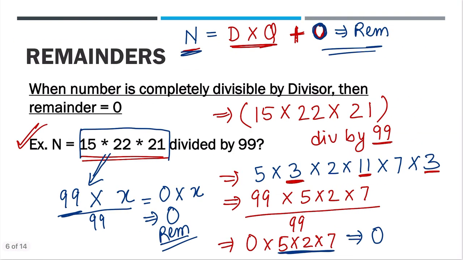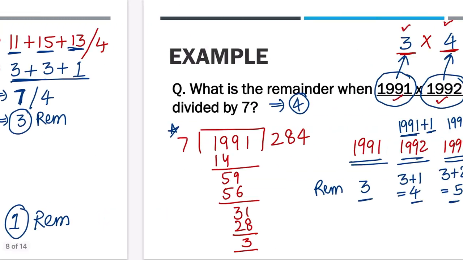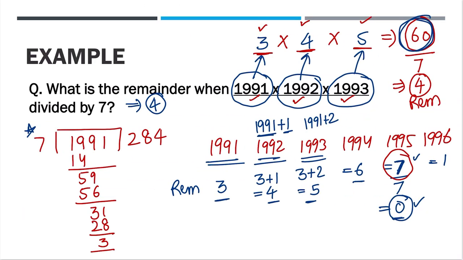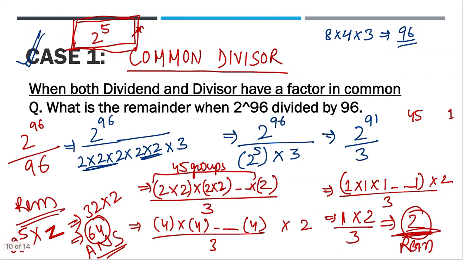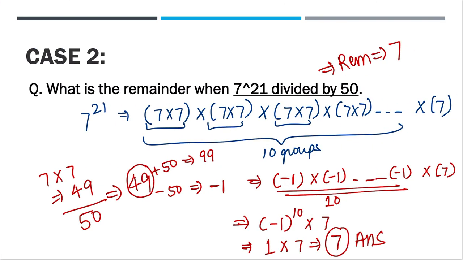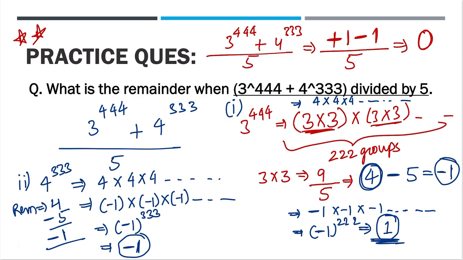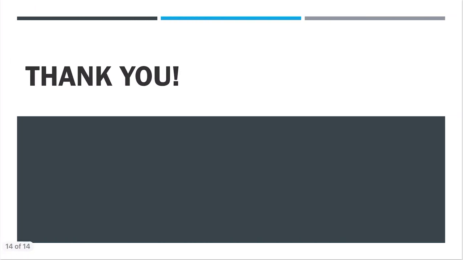So these PYQs were completely based on what we have read in the theory. Check the last video. Now try to do PYQs on your own, and mind you, this remainder topic is a little tricky, on the hard side. So practice is going to help you a lot in this section.